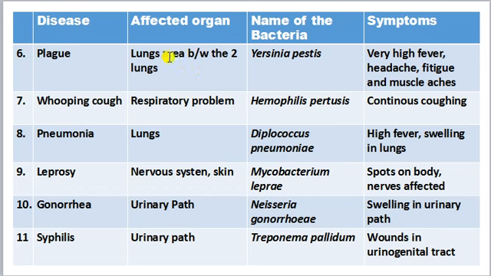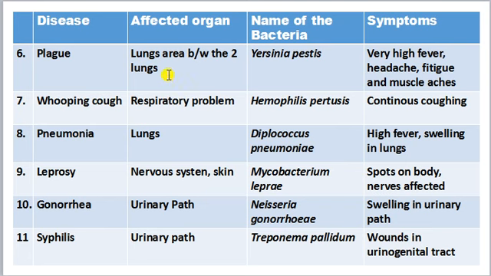Here, friends, the plague affects the area between the two lungs. That means it basically affects your lymphatic system, which includes tonsils, adenoids, spleen and thymus. So here, plague affects your lymphatic system, and in the lymphatic system we have tonsils, adenoids and thymus.